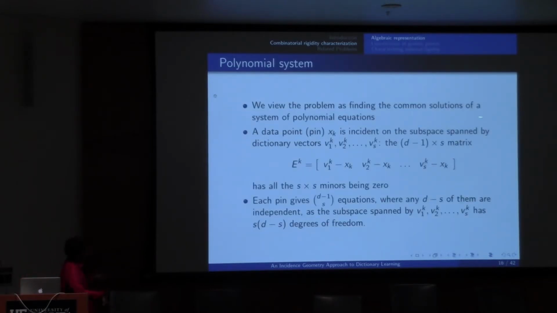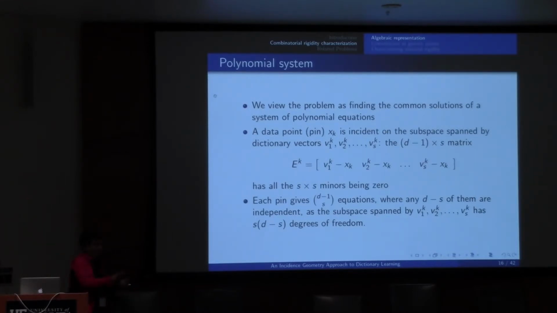So the problem is finding the common solutions of a system of polynomial equations. A data point pin is incident on the subspace that's spanned by a bunch of dictionary vectors. You can simply write it as the S by S minors all being 0. If a data point has to be on a space spanned by the vectors, you can simply say that the volume of the simplex that's formed by the data point together with all the dictionary vectors gets squashed down to 0, right?